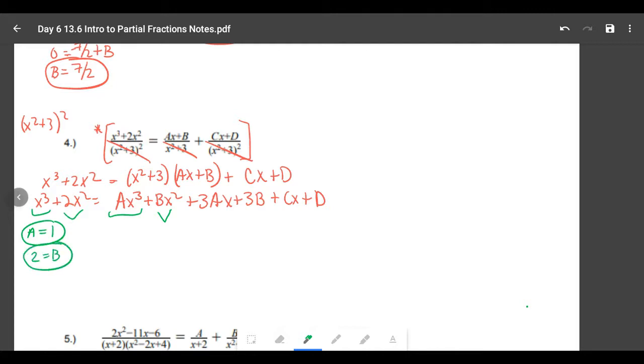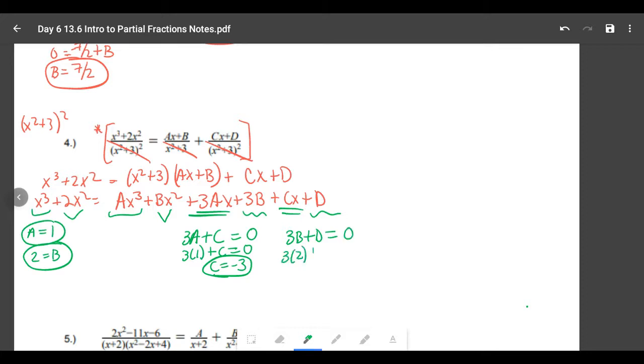All right, for my x's, I've got 3a plus c. That equals no x's on the left side. I do know what a is, so 3 times 1 plus c has to equal 0, so c is equal to -3. And then for d and b, we have 3b plus d has to equal any constants on the left side, which is 0. All right, so now I'm going to substitute in 3 times 2 plus d equals 0, and d equals -6. And then I'm all done.